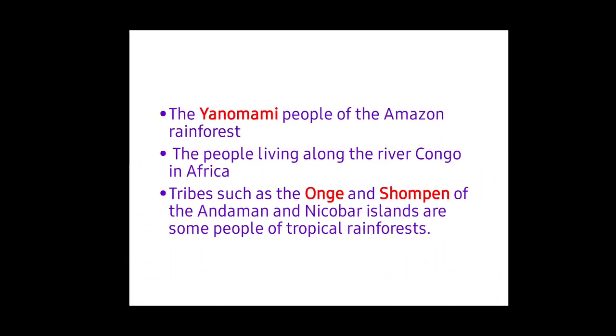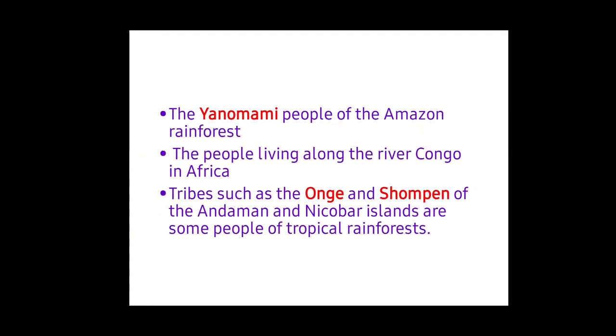Next, an example of the people who live in these forests: the Yanomami people of the Amazon rainforest. There are a variety of groups, around 10 to 15 groups, living in the Amazon rainforest. Among them, the most popular or major one is the Yanomami group.